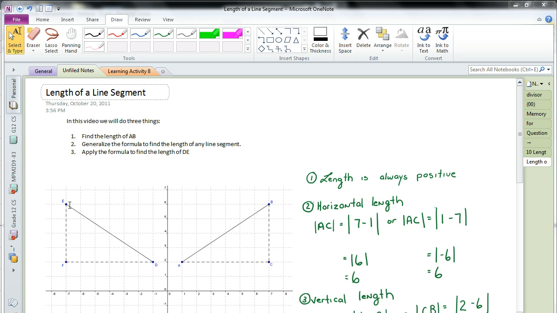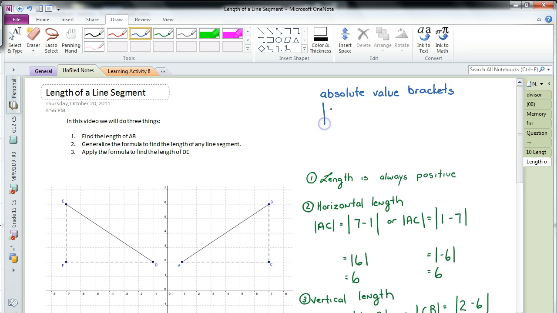The first thing that's very important to remember about length is that length is always positive. And we're going to introduce a new type of bracket that you will see, called absolute value brackets. Absolute value brackets work as follows.